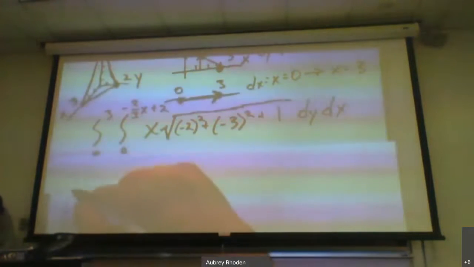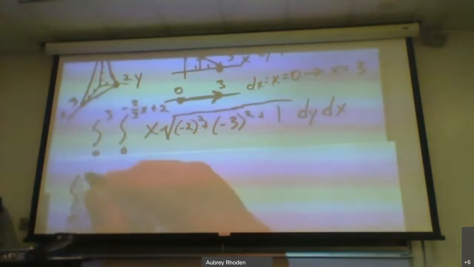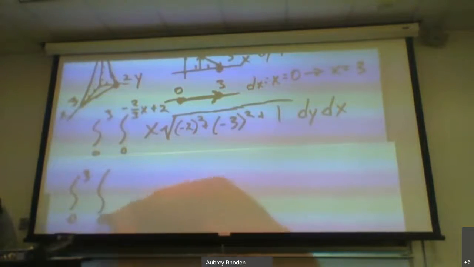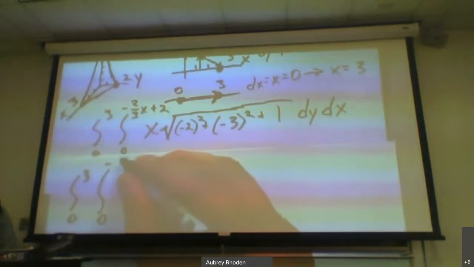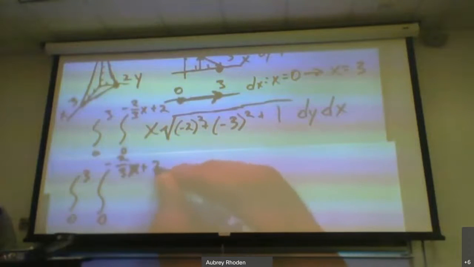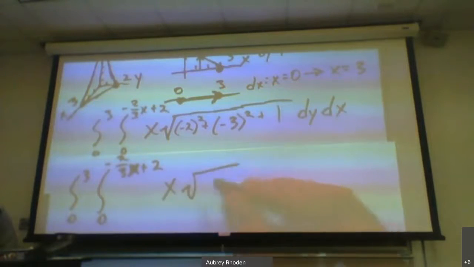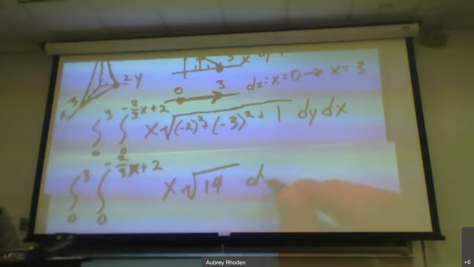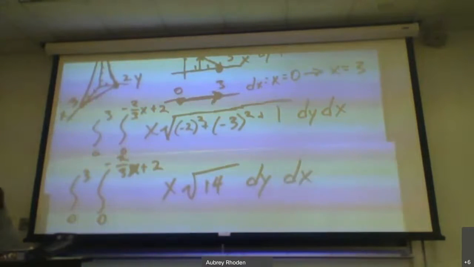So that becomes the integral from 0 to 3. And I'm just simplifying things at this point. So it's the integral from 0 to negative 2 divided by 3 x plus 2 of x times the square root of 14 dy dx.